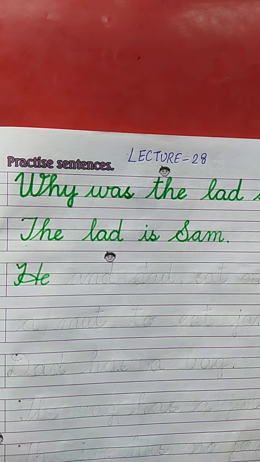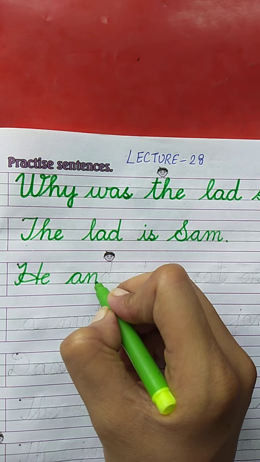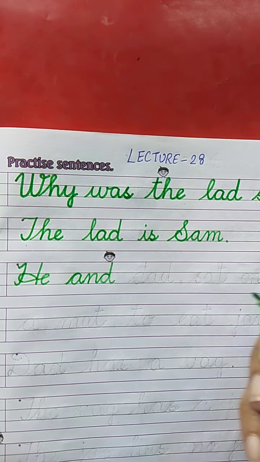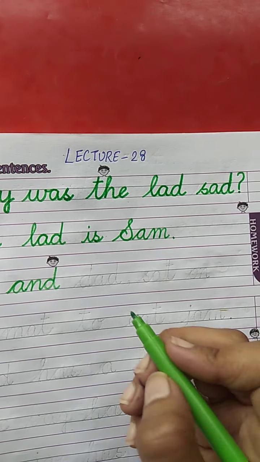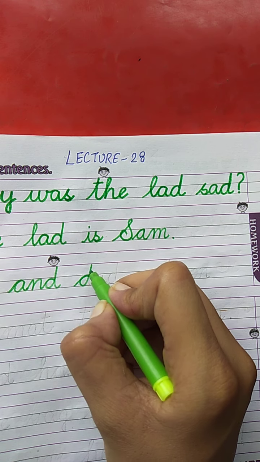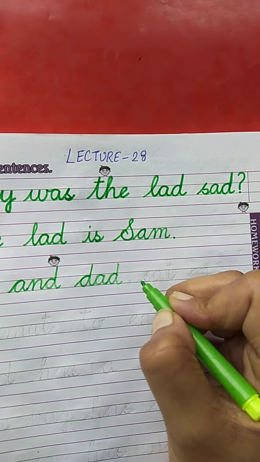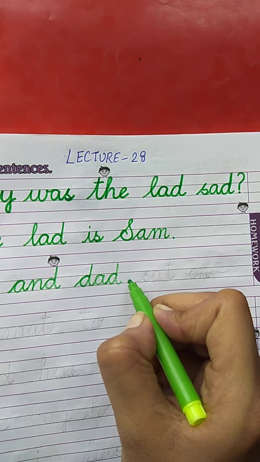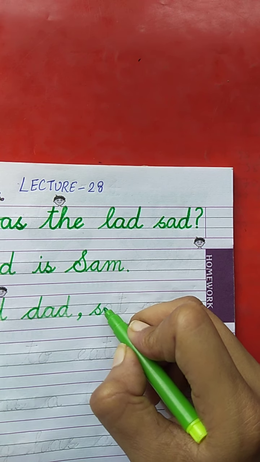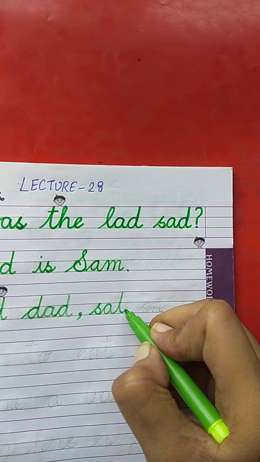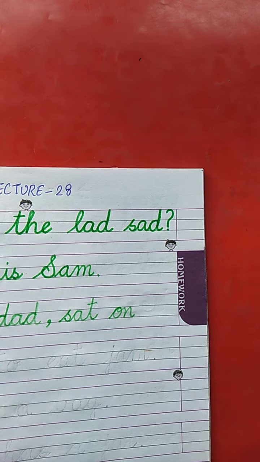He. And. D. And. This is a comma. Now write with me. S A T, sat. O and on.